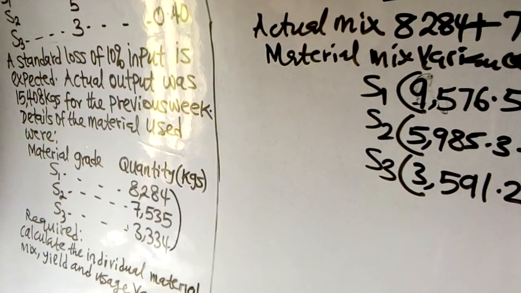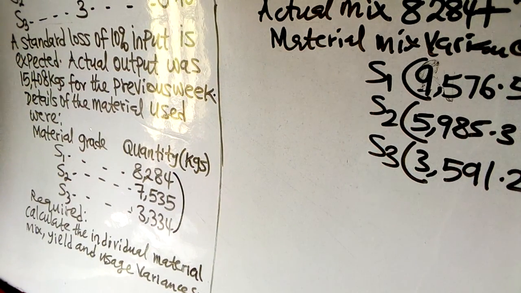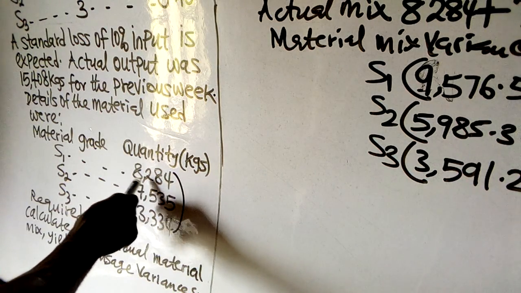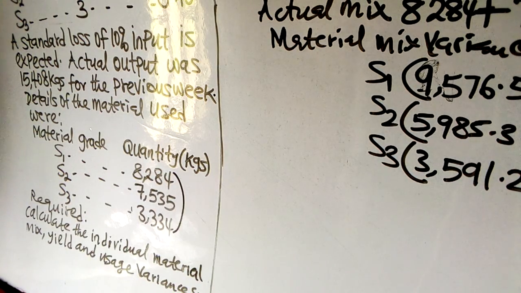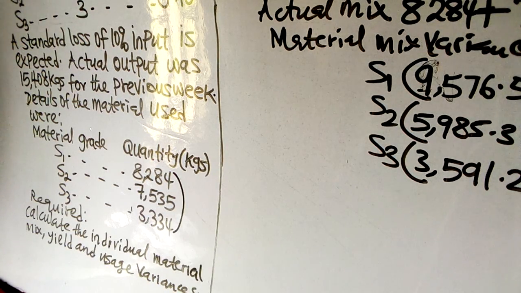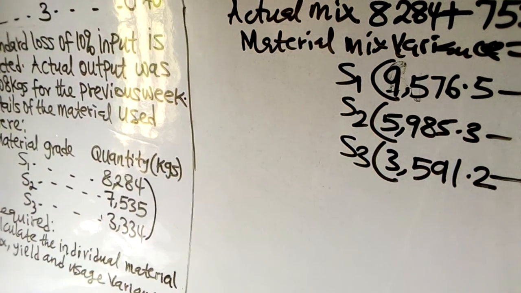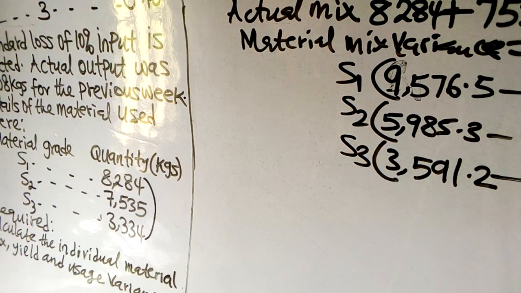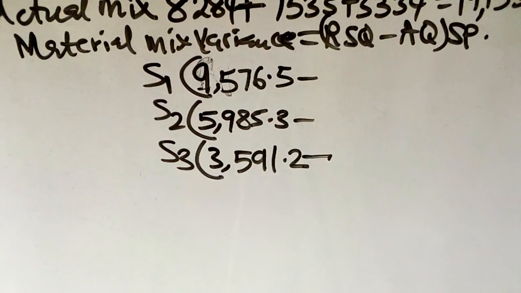What are the actual inputs? For S1, we have 8,284. For S2, 7,535. And S3, we have 3,334. So let's substitute for the actual quantity.